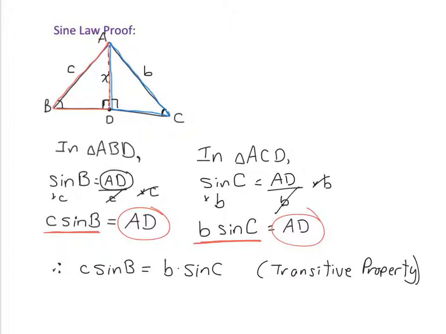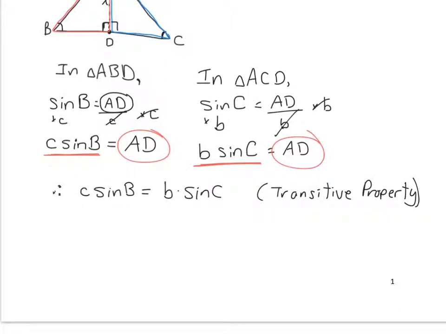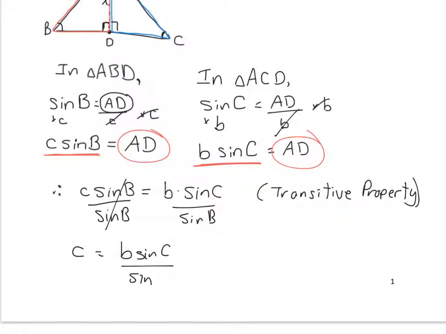Now, to get this looking like the sine ratio, we're going to take what we just wrote, our conclusion by the transitive property, and just rearrange it to get the similar letters on the same side. So I'm going to divide both sides by sine of angle B to move it to the right-hand side. Then, just like I did to move the sine B over, I'm going to move the sine C over to the other side and divide.